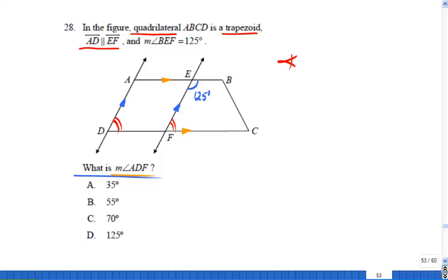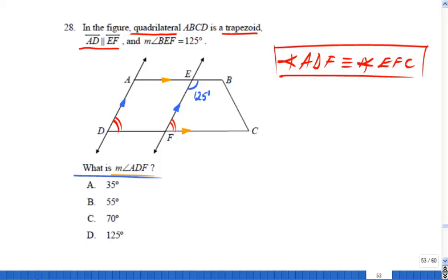So I can write that angle ADF is congruent to angle EFC. Because they're congruent, it means they have the same measurement. So in order for me to find the measure of ADF, it would be good enough to find the measure of the angle EFC.